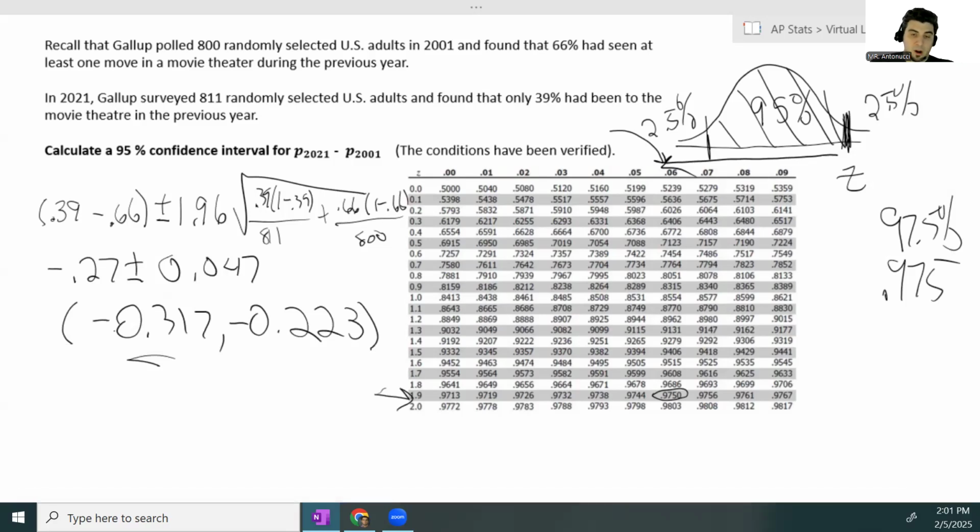So the way we would interpret this confidence interval is we would say we are 95% confident that the interval from negative 0.317 to negative 0.223 captures the true difference, 2021 minus 2001, in the proportion of all U.S. adults who saw a movie in a movie theater during the previous year.